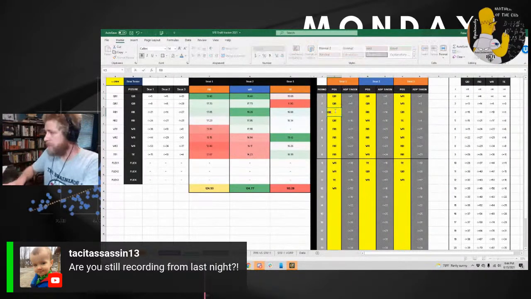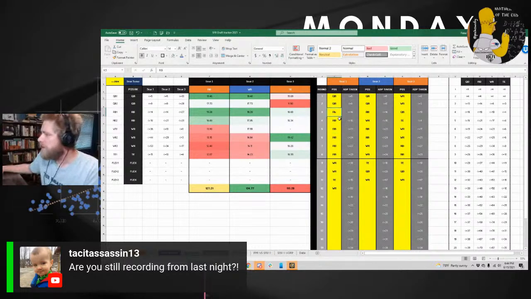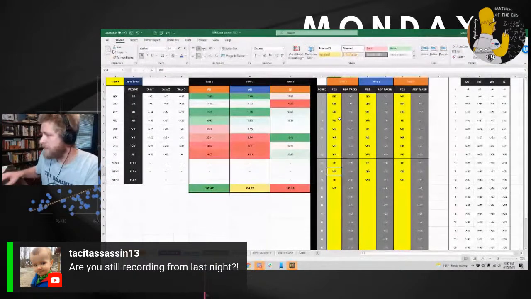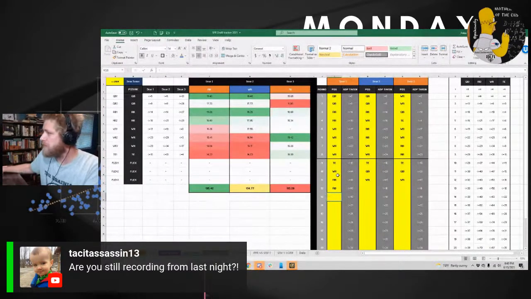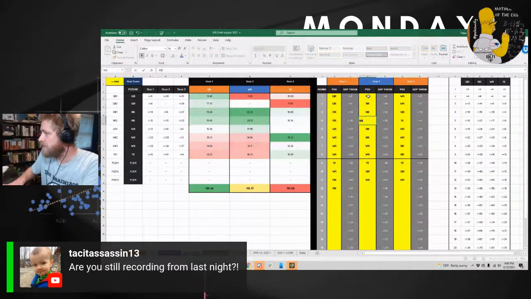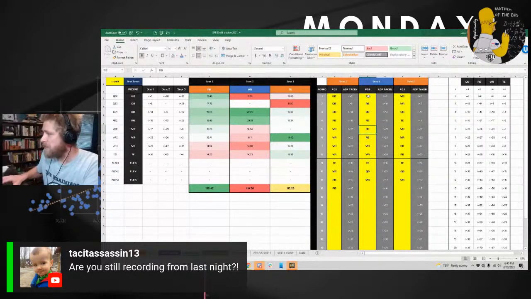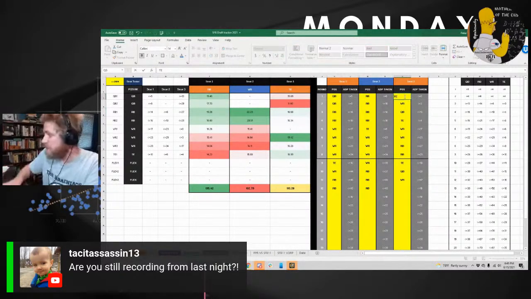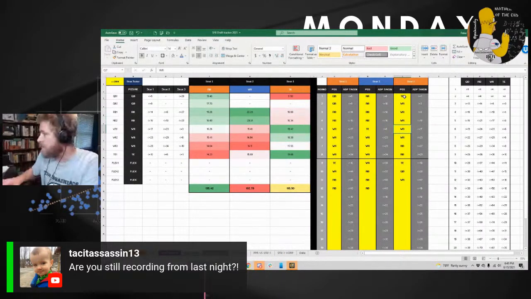So if we say QB heavy, you go running back after that? Tight end late. Running back heavy. Wide receiver heavy or zero RB would be something like this. 1, 2, 3, 4, 5.